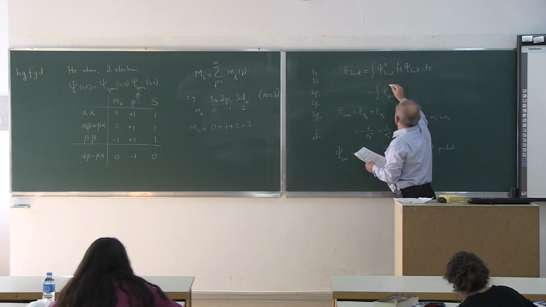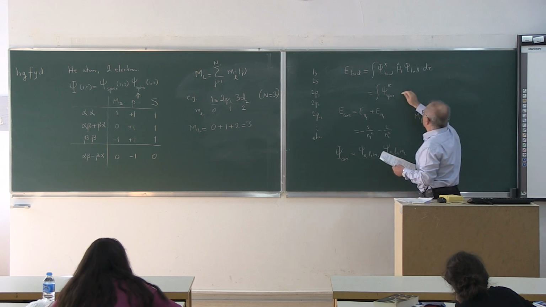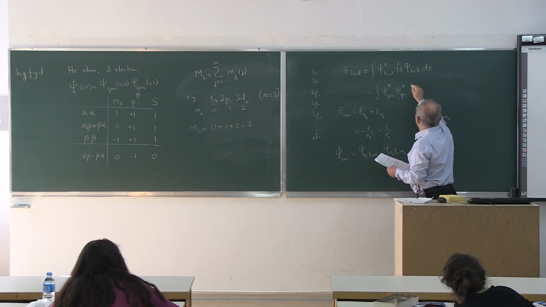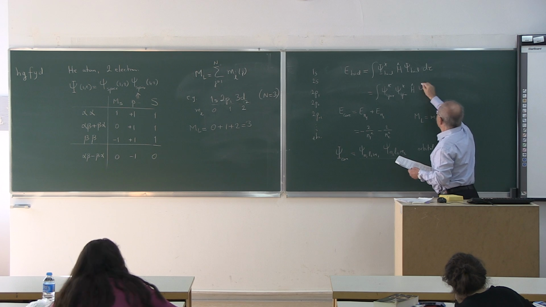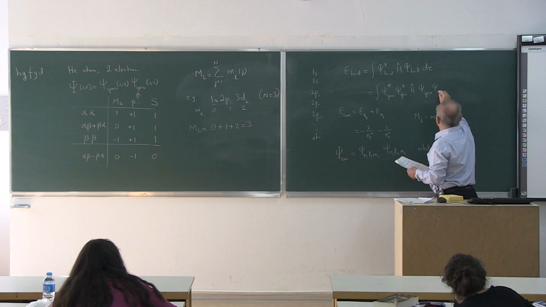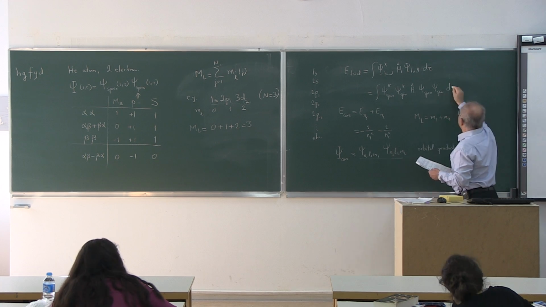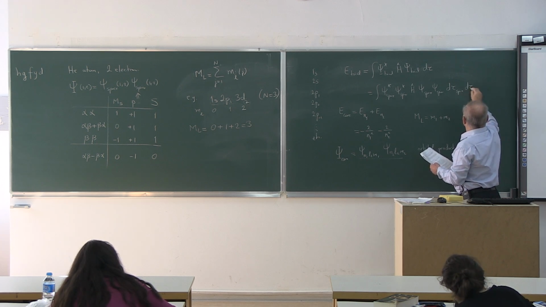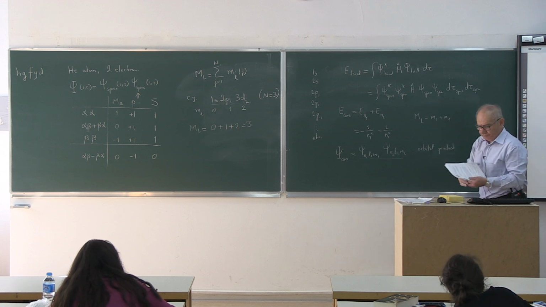So let us include the complex conjugate also, times psi spin, H in between, psi space, times psi spin. Here the integration is over space variables and also over spin variables.